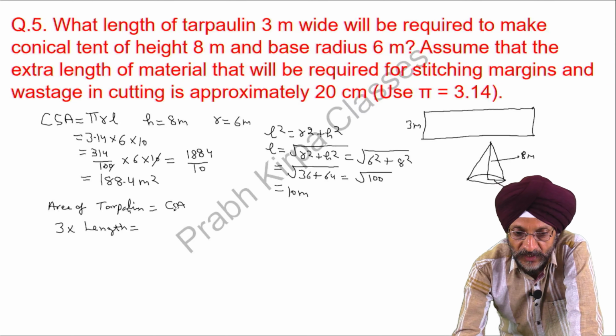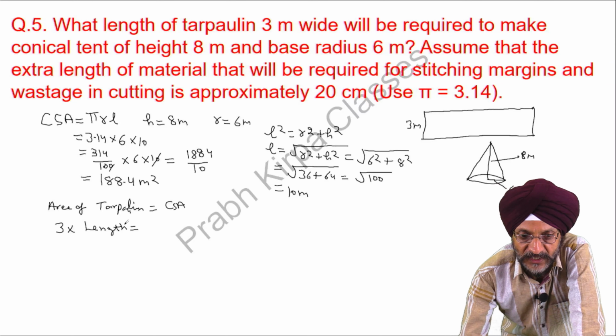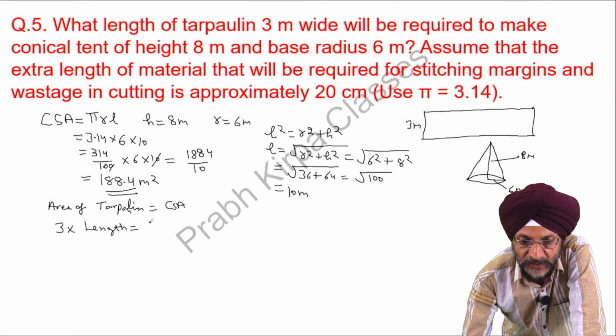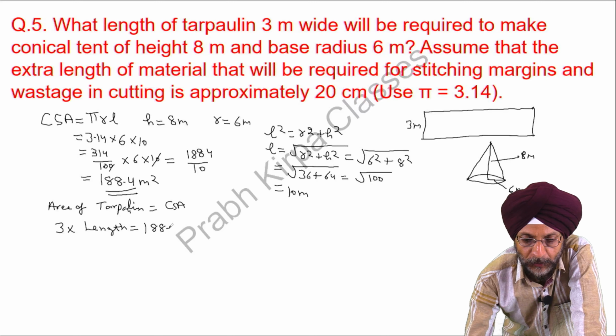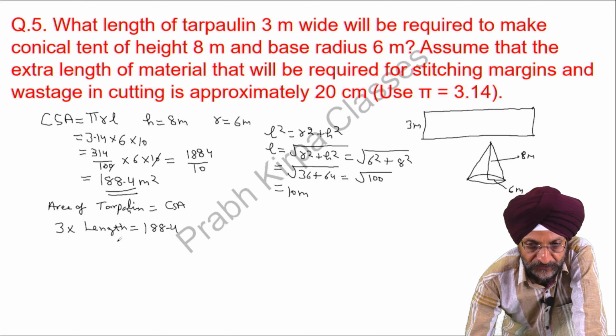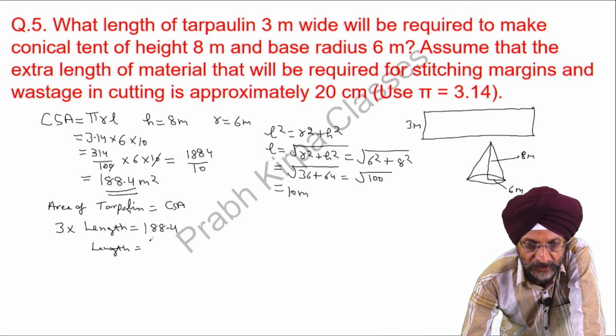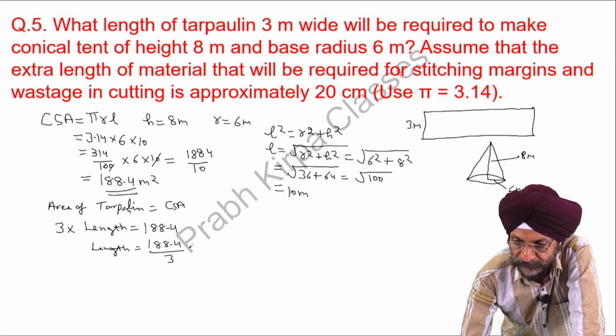Area of the tent is curved surface area. What is the value of curved surface area? It is 188.4. So now what is the length of the tarpaulin? It will come out as 188.4 over 3.